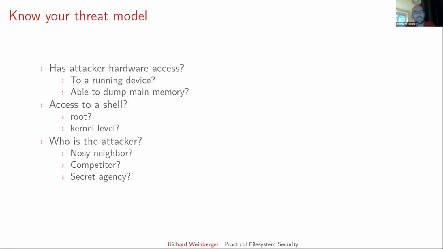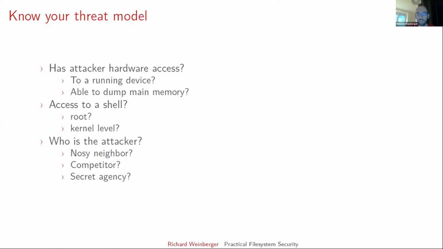But now let's get serious. Before we can talk about some security mechanisms, one of the most important things is you really need to know your threat model. And I will say this not only once in this talk, you really have to know what is the thing you want to protect yourself from.